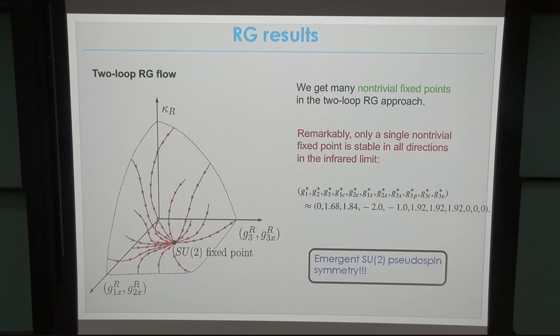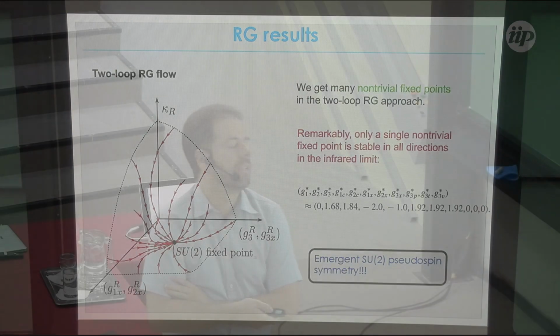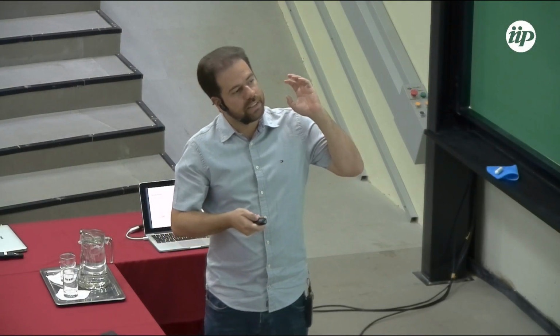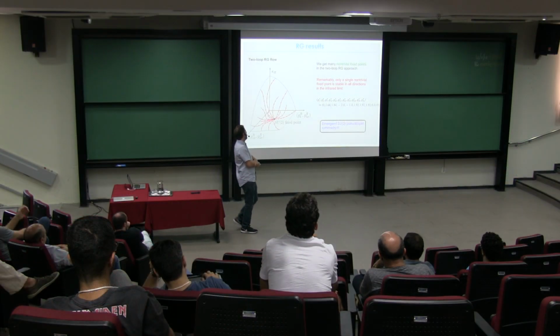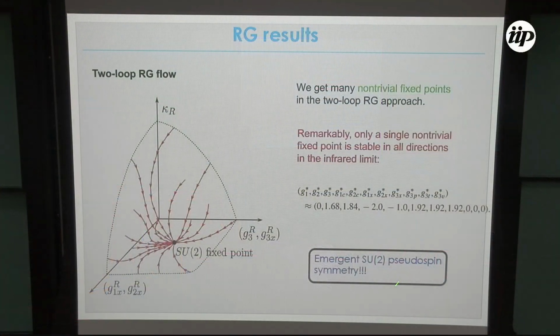So what we mean by emergent is that the initial model is not SU(2) pseudospin symmetric, but as the RG flows towards the low energy limit, the interactions that break the pseudospin symmetry flow to zero, and only the interactions that preserve the SU(2) pseudospin symmetry remain finite.